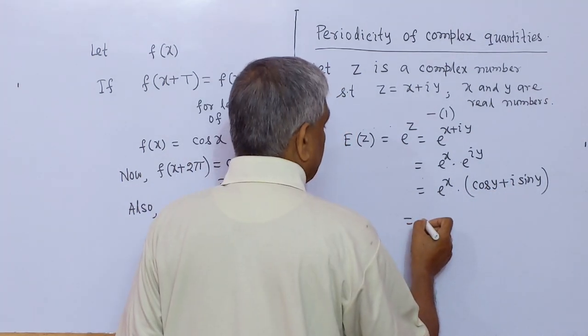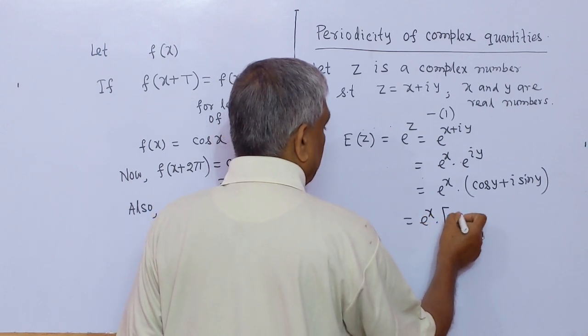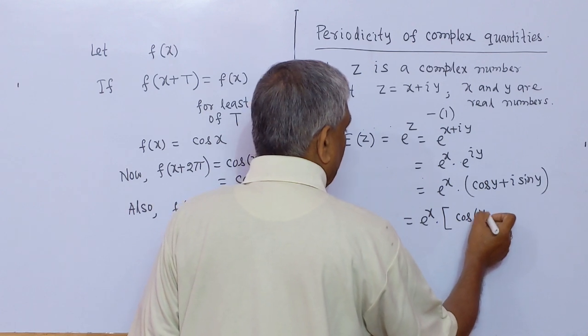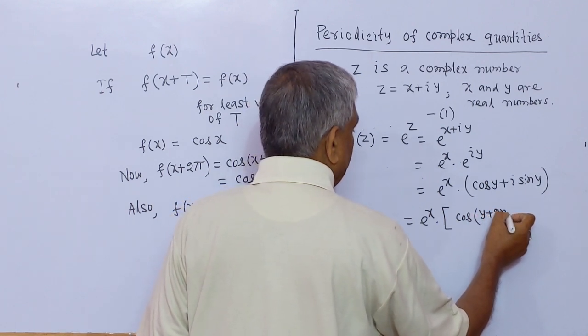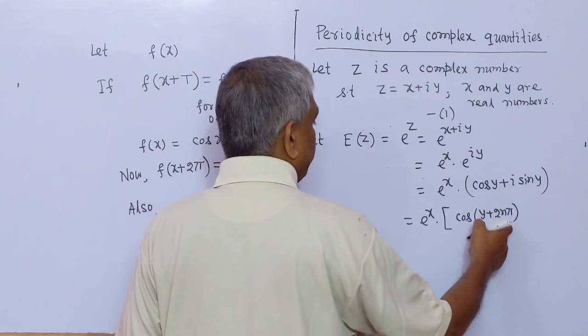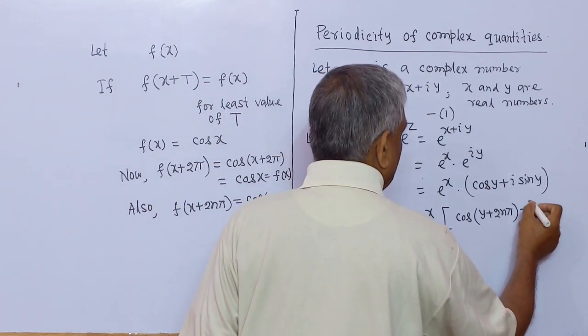We may write this as e to the power x multiplied by cos(y plus 2n pi) plus i sin(y plus 2n pi), since cos(y plus 2n pi) is cos y.